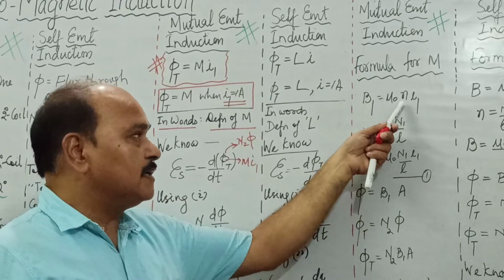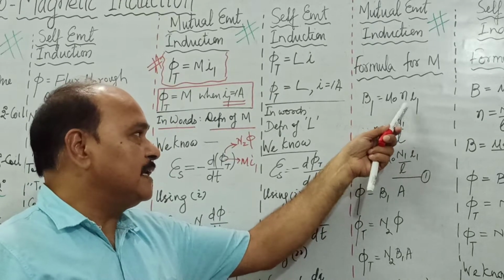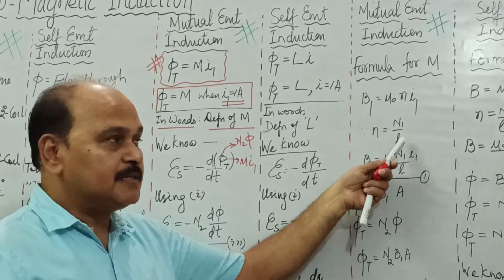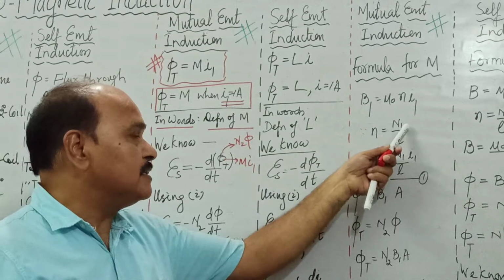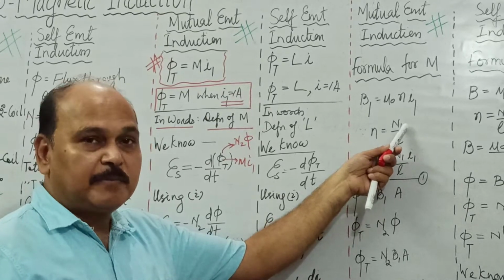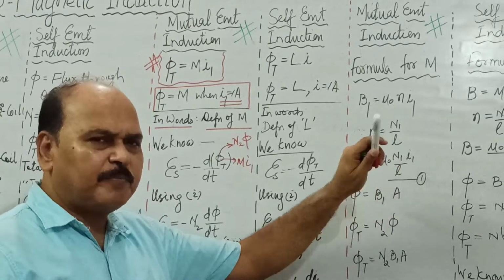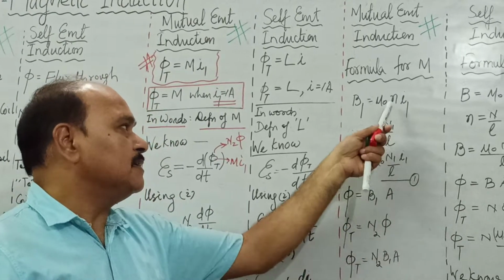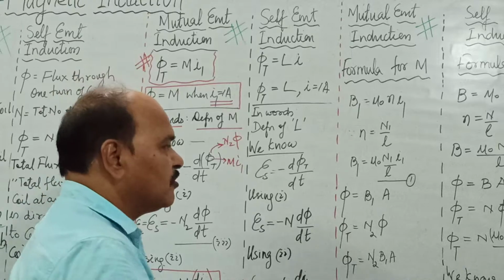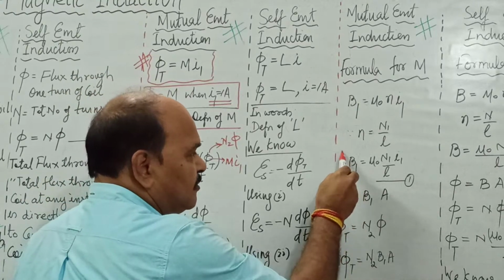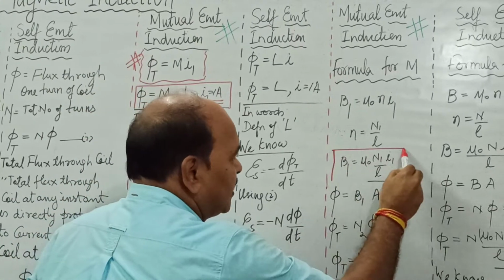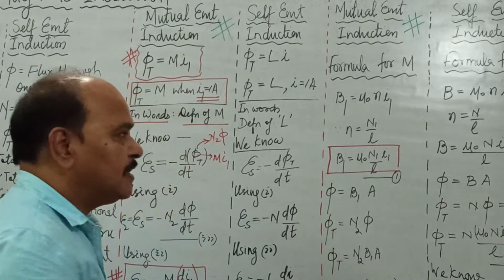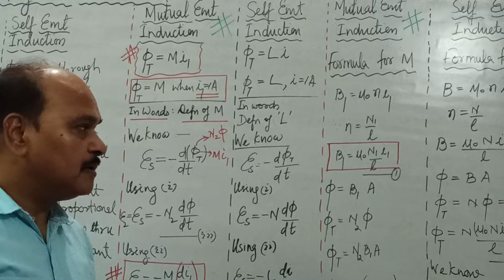This n is the linear turn density, therefore this n is what? The total number of turns upon the total length, that is N1 upon L. N1 is the number of turns in the primary coil, L is the length. The length of the primary and secondary coil is taken as the same. So if we substitute N1 upon L here, what do we get? We get the value of the magnetic field due to the primary coil as mu naught N1 I1 upon L. This is the value of the magnetic field inside the primary coil.